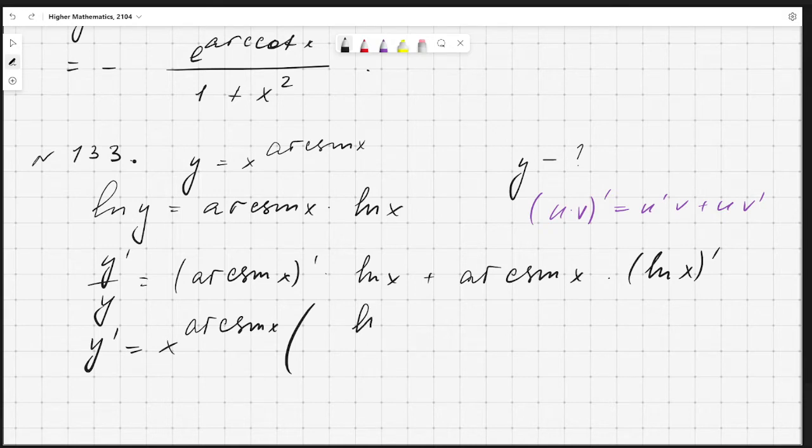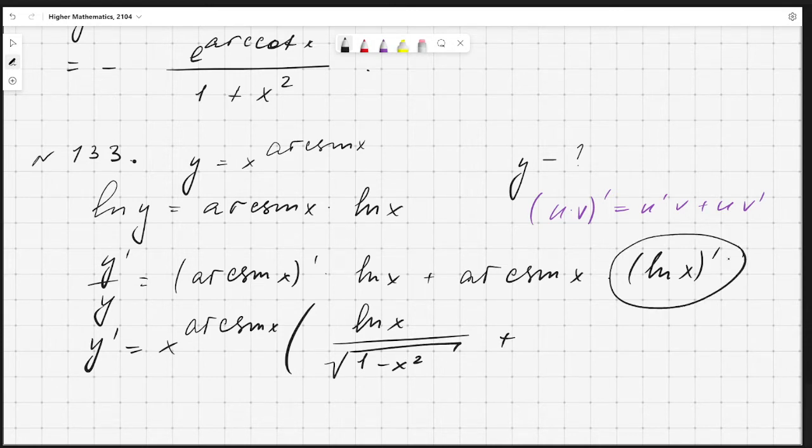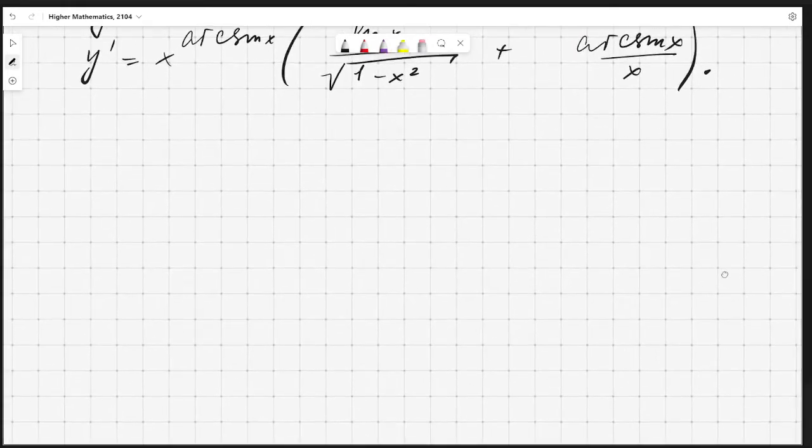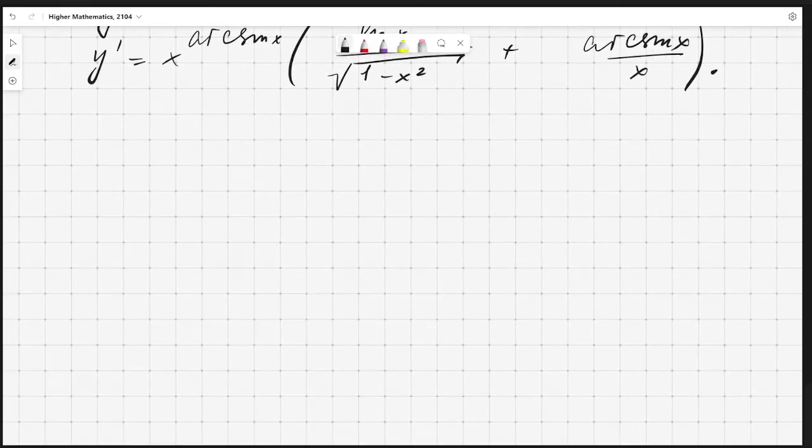Then the derivative of the natural logarithm is 1 over x. This is the answer. Is it clear? Yes. Next.